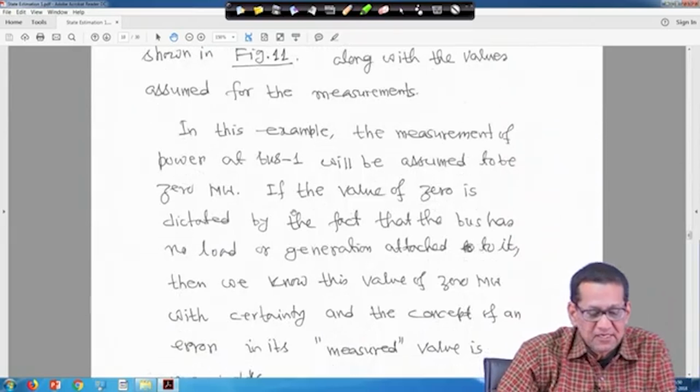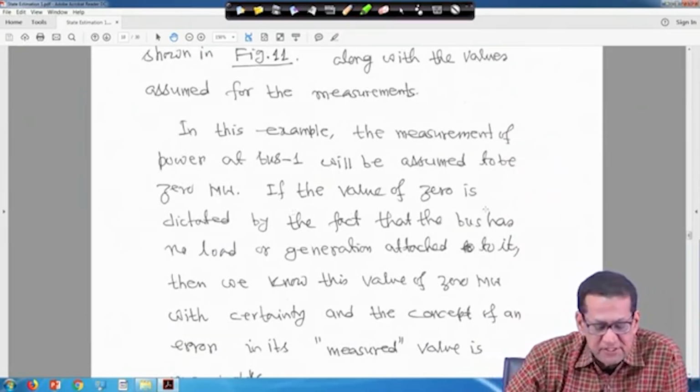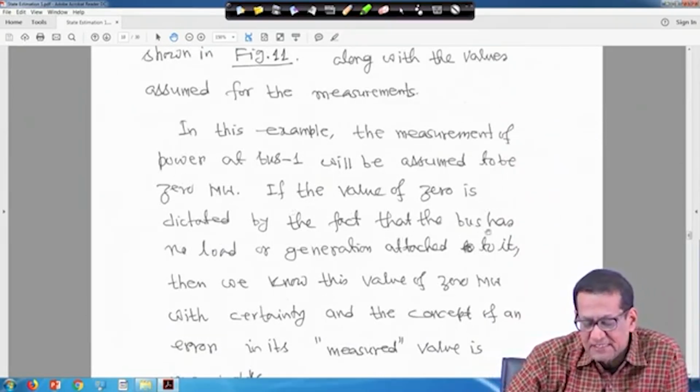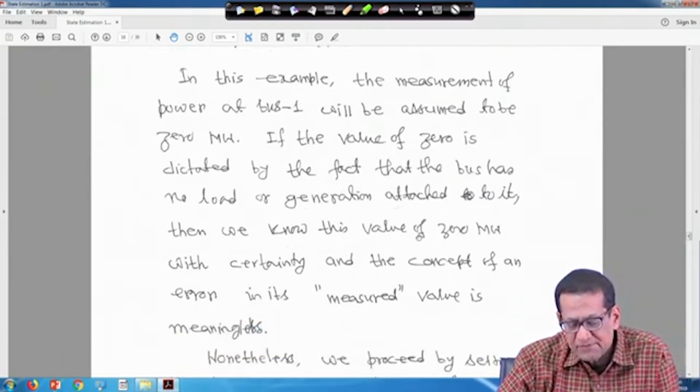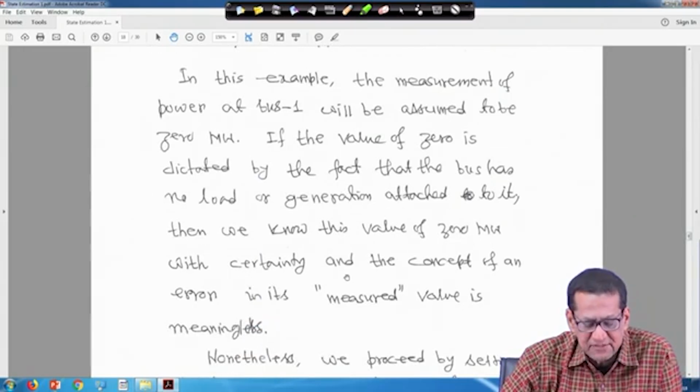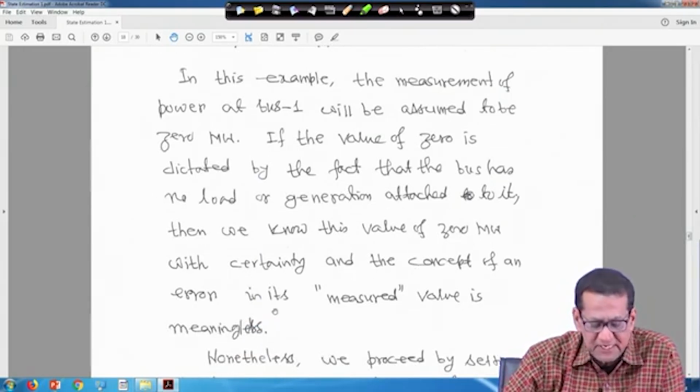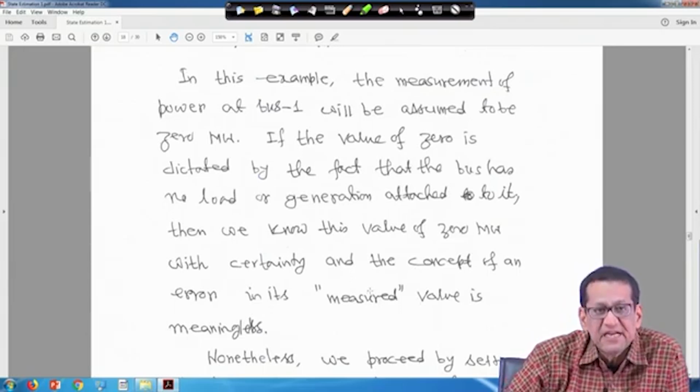If the value of 0 is dictated by the fact that the bus has no load or generation attached to it, then you know this value of 0 megawatt with certainty, and the concept of an error in this measured value is meaningless.